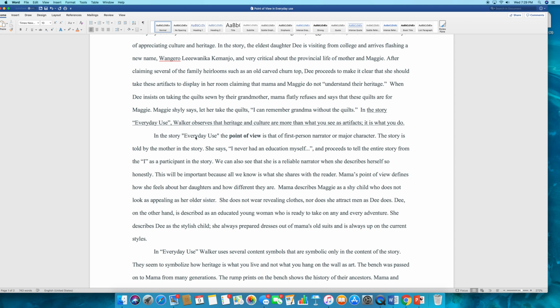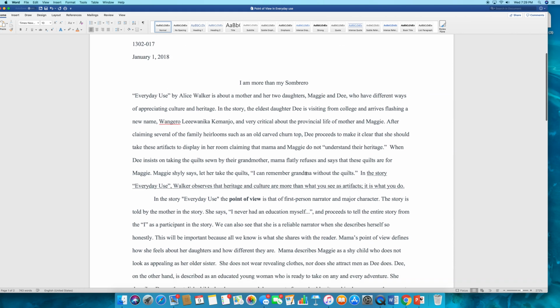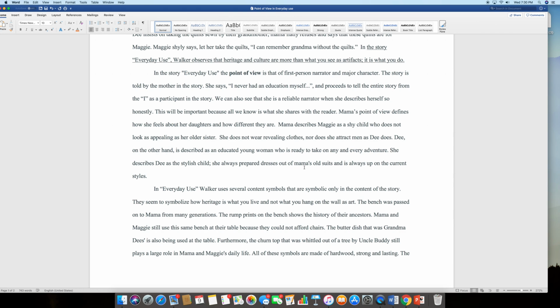In the story Everyday Use, the point of view is that of a first person narrator or major character. I don't think it's "or" major character. I think it's "and" major character, because major character is not a point of view. Okay? So you can always read through your papers and you'll see that you'll find many things to edit before you turn them in.